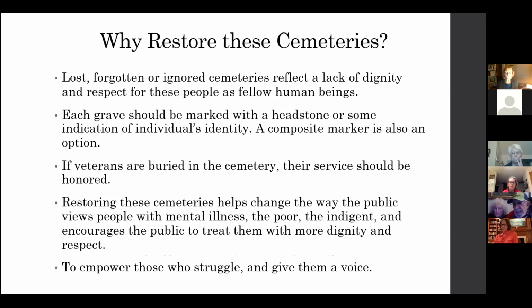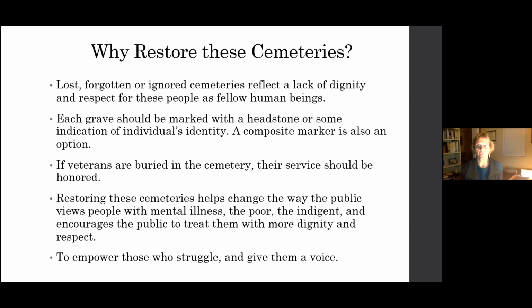Okay, so pardon me. Another thing, if veterans are buried in the cemetery, their service should be honored. And restoring these cemeteries can help to change the way people view people with mental illness, the poor, the indigent, and to treat them with more dignity and respect.